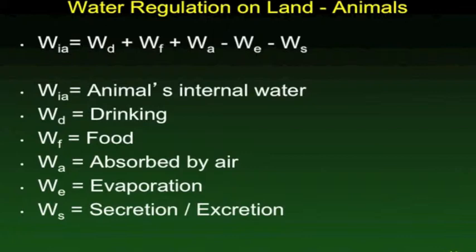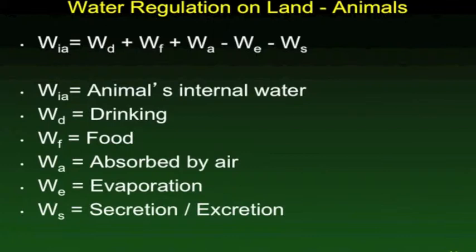The water that is inside an animal, WIA, is really based upon how much they can drink, the food that they eat, and this food provides water in two ways: the actual water content of the food, and also the process of metabolizing the food produces some water as well.